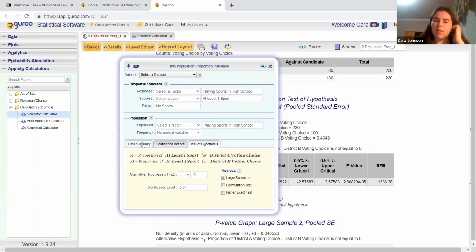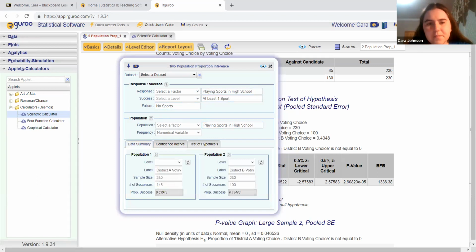And then for the label for population 1, the variable here is women playing sports in high school. And the other one is men playing sports in high school.